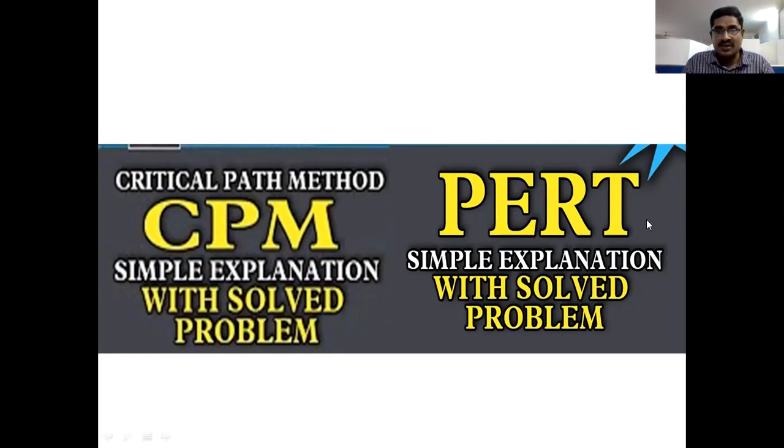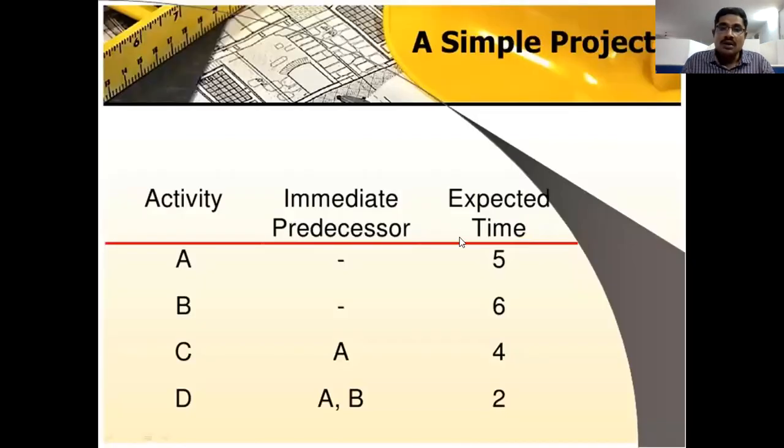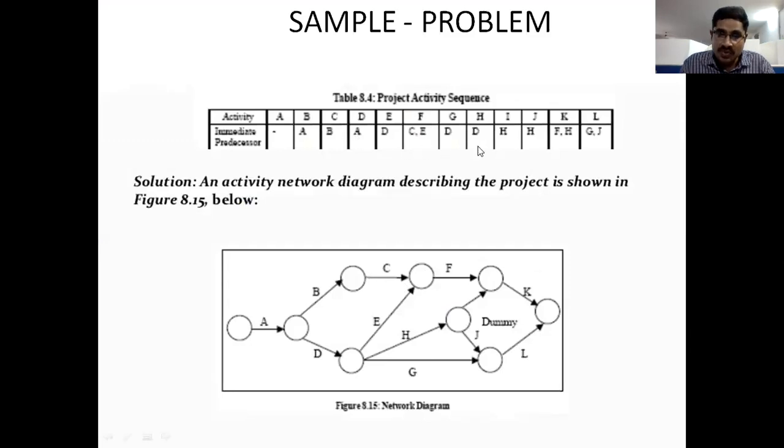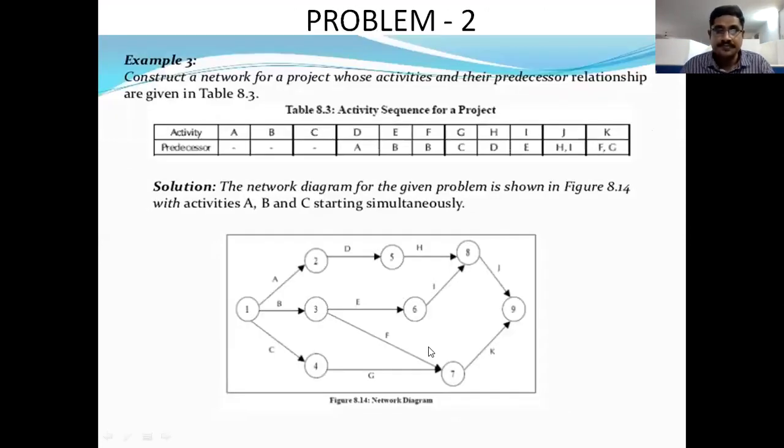That is the process here. Already we completed these problems. How to draw, already we know. I think all of you have practiced these well, right? Based upon these problems, we can draw this type of diagram, right? Network diagrams.